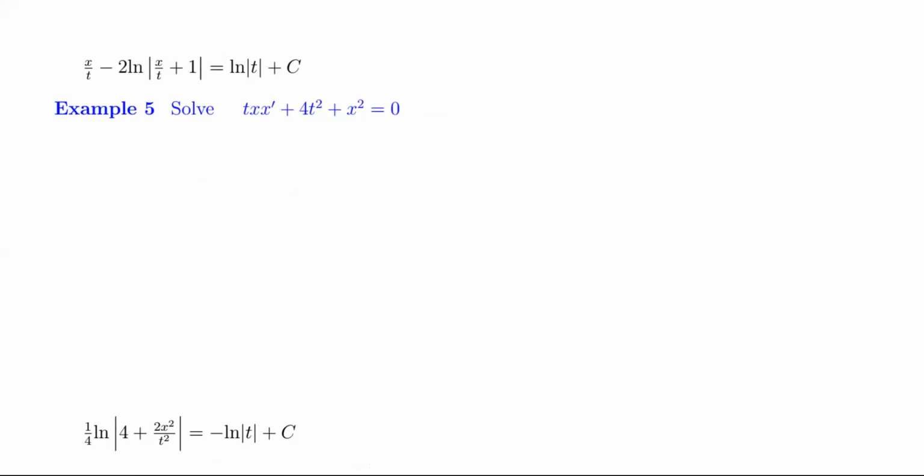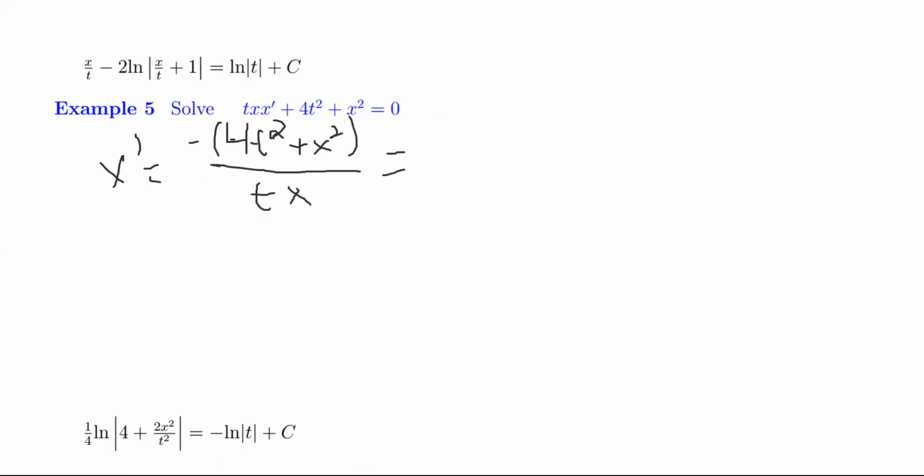Again, earlier we rewrote this already as x prime is equal to negative of 4t squared plus x squared all over tx.